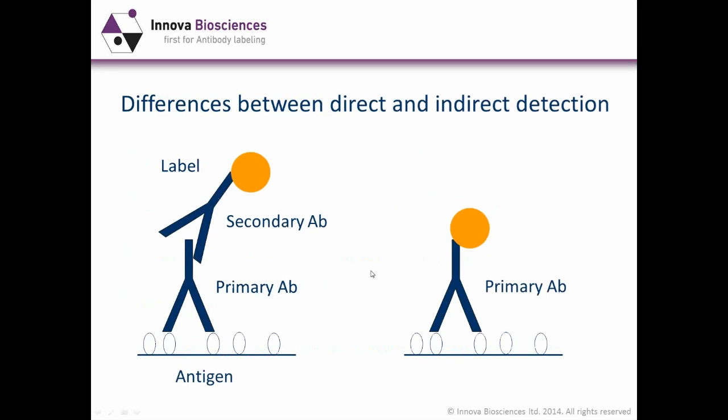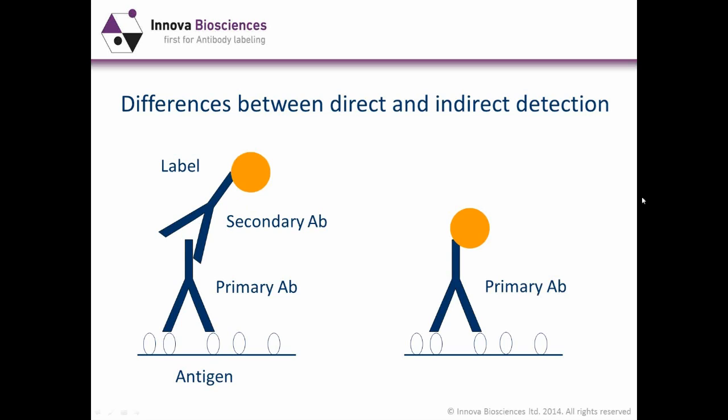Okay, in any talk on labeling of primary antibodies, it's worth starting here with the differences between direct and indirect detection. On the left here, we have the indirect method where an unlabeled primary antibody binds antigen, and you detect the presence of the antigen and the primary antibody using a secondary reagent, an antibody labeled with some sort of reporter molecule.